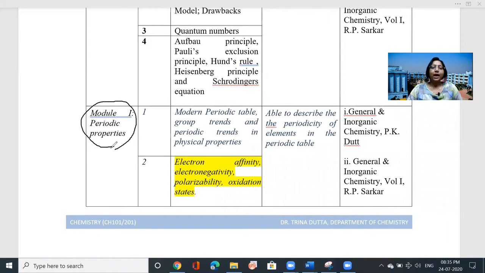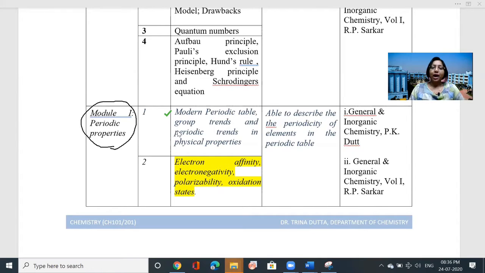I have already covered my first lecture, the modern periodic table, group trends and periodic trends in physical properties. You have learned the history of the periodic table, how it came, how the groups were formed as per mass and then as per atomic weight.